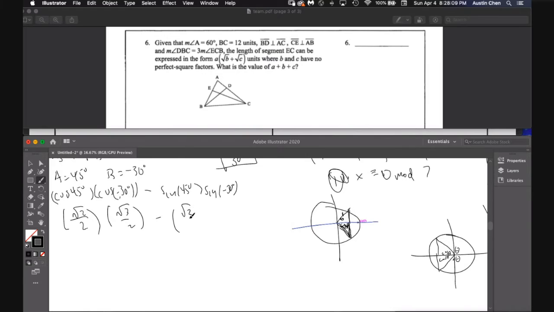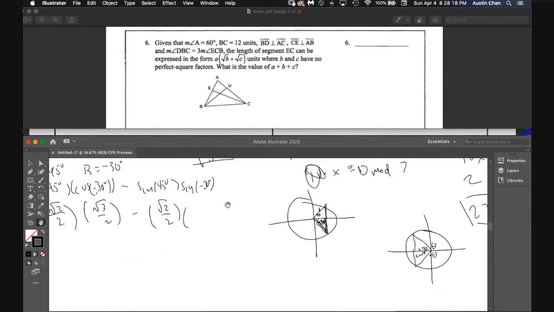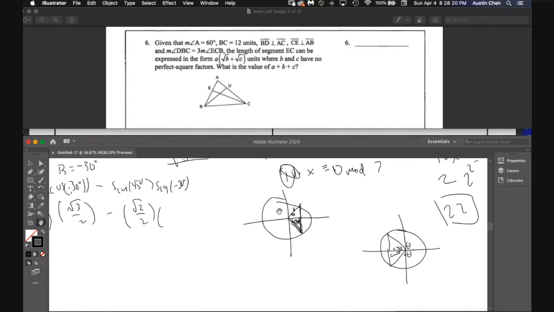Sine of 45 degrees is root 2 over 2. Now, what is sine of negative 30? Well, sine is actually affected by negative angles, contrary to cosine theta not being affected by negative angles. So you can see here, if we look at this model, the y value of this intersection would be sine of theta. And the y value of this intersection would be sine of negative theta.